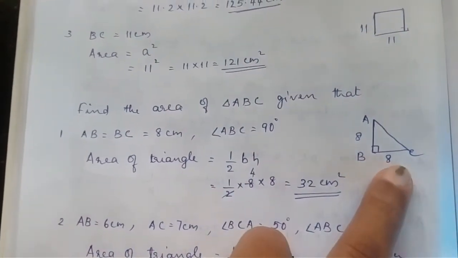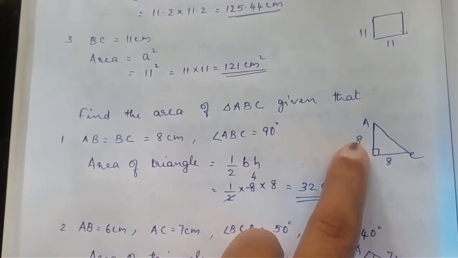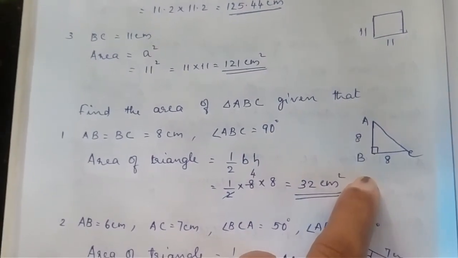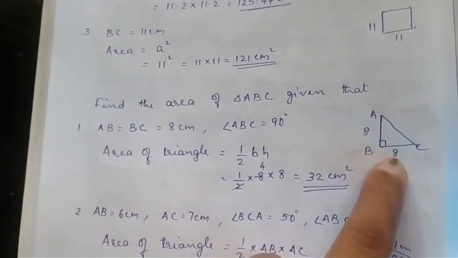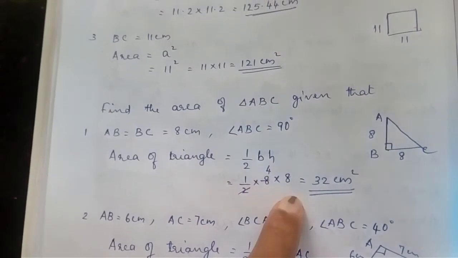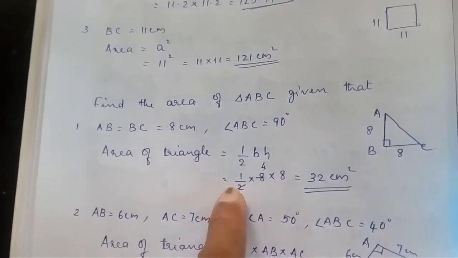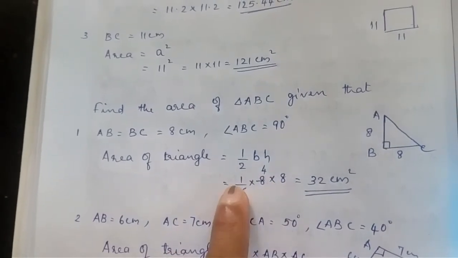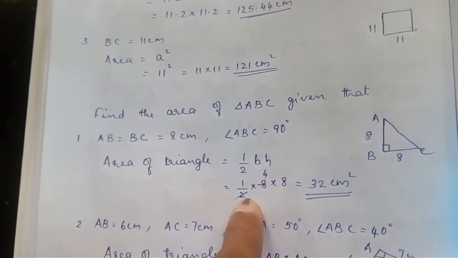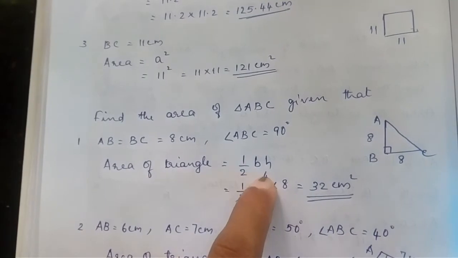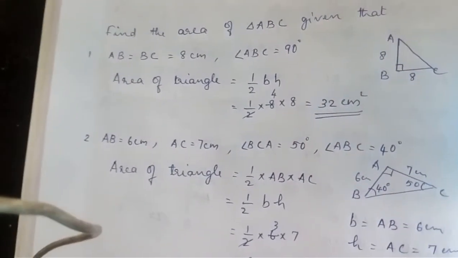B is considered as 8 centimeter and H is considered as again 8. Vertical line is considered as the height and horizontal is considered as base. So half into 8 into 8, simplify. Here 2 and 8 having the common factor 2, so it is cancelled. 1 we will get in the denominator, 4 in the numerator, then 4 8s are 32 centimeter square.